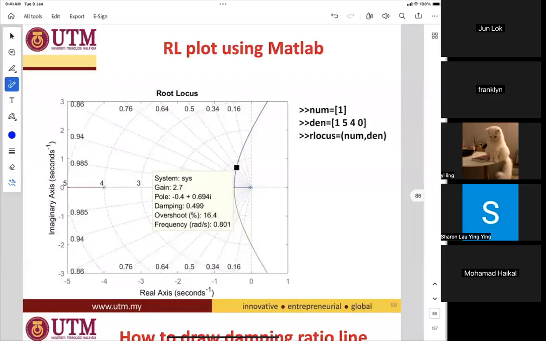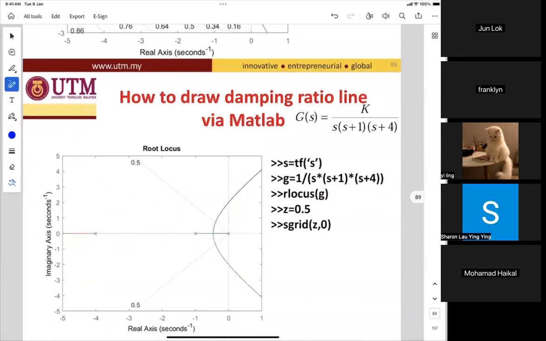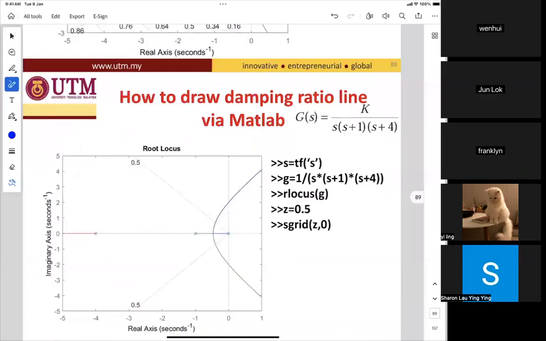Okay. Right. So this is the verification. And how to draw the damping ratio line via MATLAB is we use this program at the prompt: sys = tf('s'), then write the transfer function, then write the root locus of G. Then zeta is 0.5.